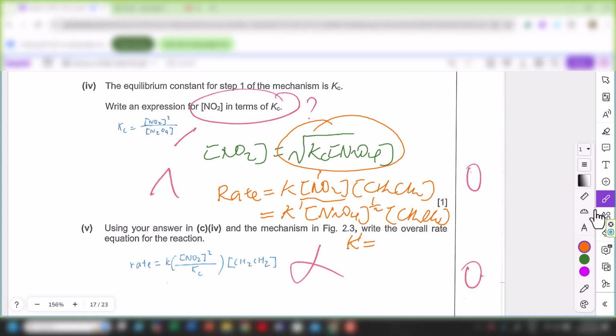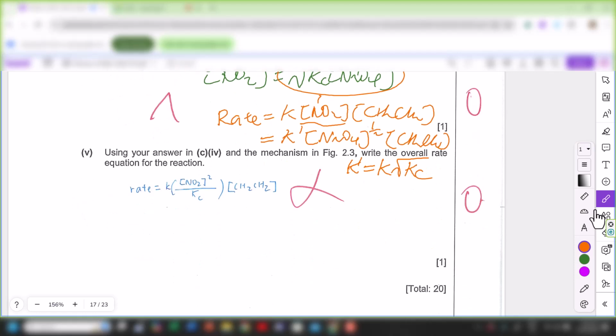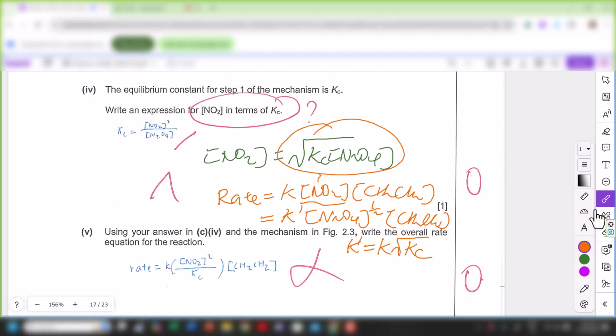So K prime essentially is square root Kc, like this. Okay, can. Yeah, so I think I skipped this page because I was rearranging the pages earlier on. I didn't notice that this was skipped.